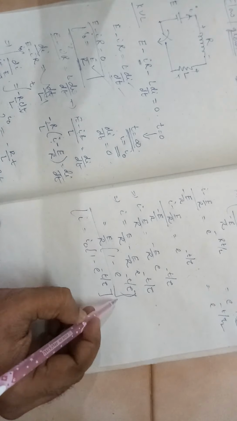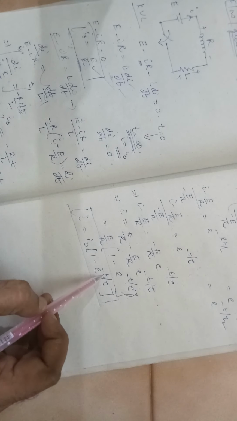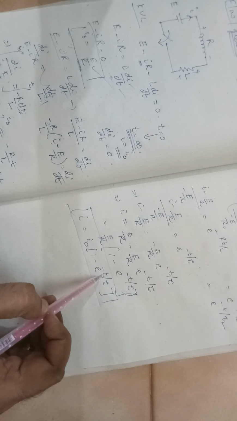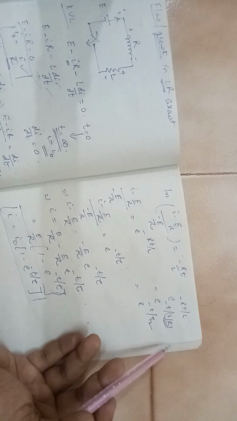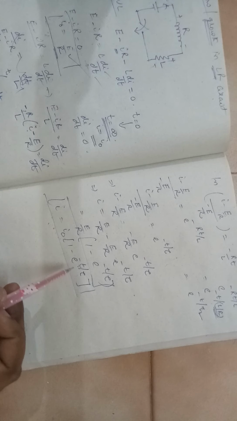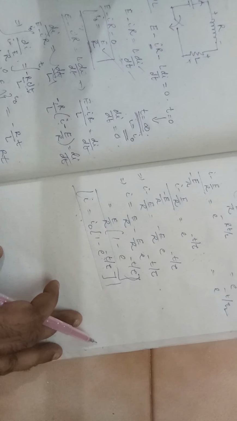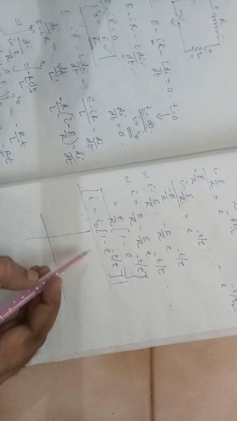This is the expression. So if you keep on plugging the values of T, see, tau is a constant value. Tau is a constant, L by R, it's a constant value. So you will keep on getting at what particular time how much current has been transferred. How will be the graph?